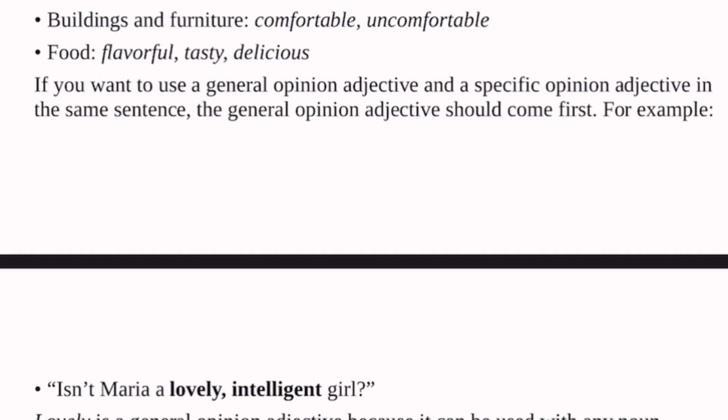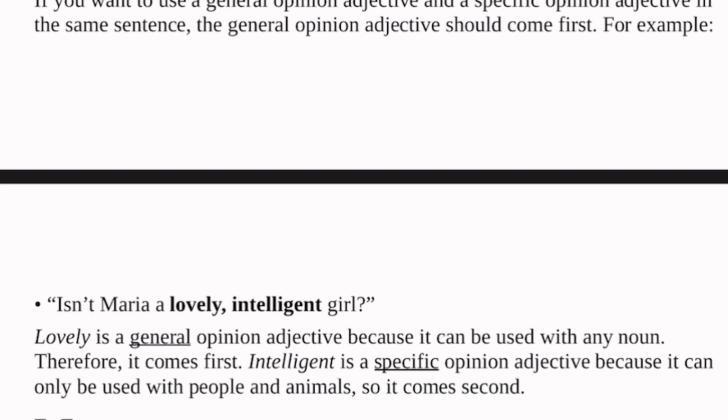For example, isn't Mary a lovely, intelligent girl? Lovely is a general opinion. Intelligent is a specific opinion because it can only be used with people and animals. So you cannot say a building is intelligent. No, you cannot say that. So that is opinion.